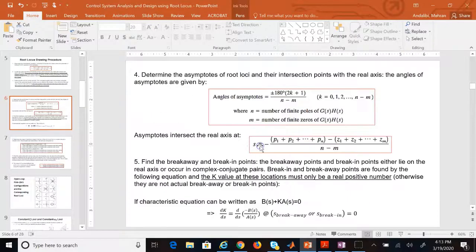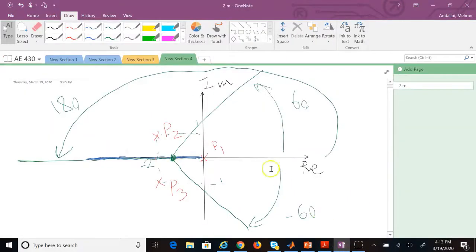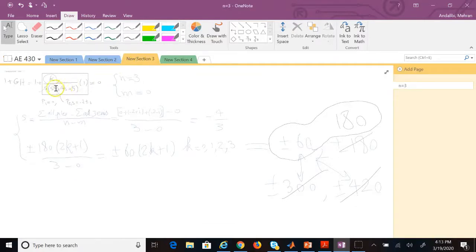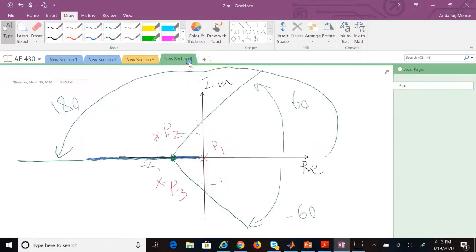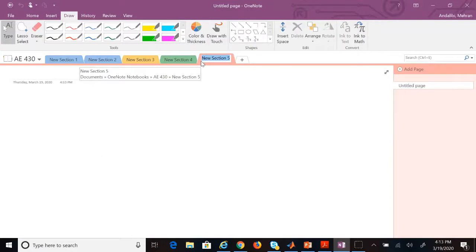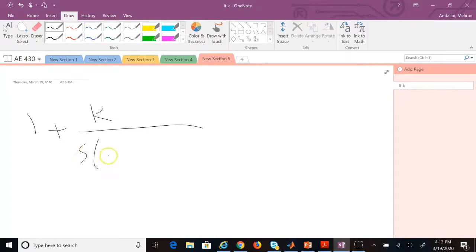So if I go back to this example, what do I have? This is my 1 plus GH, you see it here. It's 1 plus K times this, and this is equal to 0. So from here, I find K as a function of everything else. So what I have is 1 plus K divided by S times S squared plus 4S plus 5 is equal to 0.